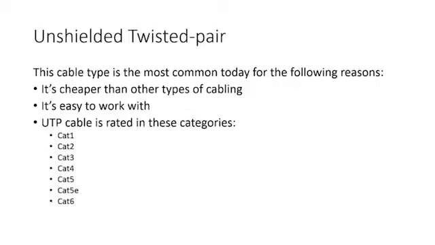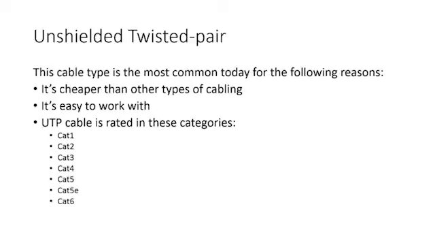Now that unshielded twisted pair, like I said, I think it is the most common today. It's cheaper, all right? It is easy to work with, and we do have different categories: 1, 2, 3, 4, 5, 5E, and 6. Now you're probably not going to see 1 through 4. 3 was somewhat popular maybe 15 years ago, 20 years ago, because it was the standard.